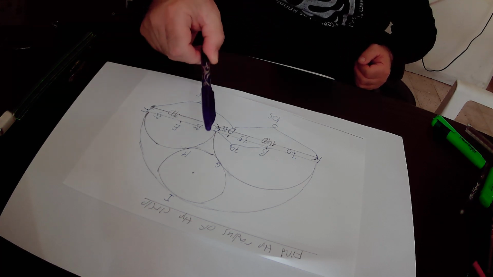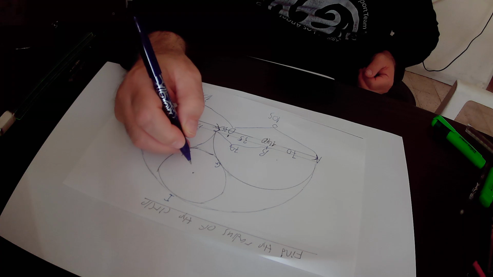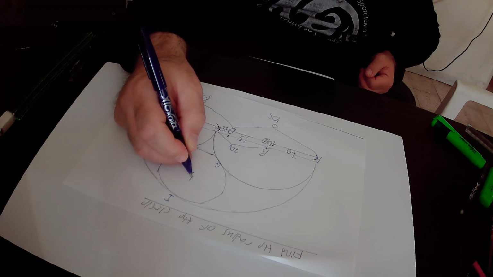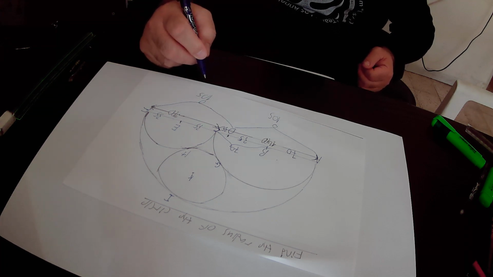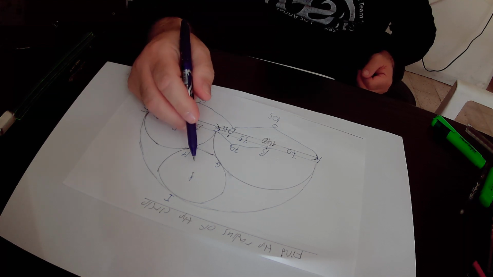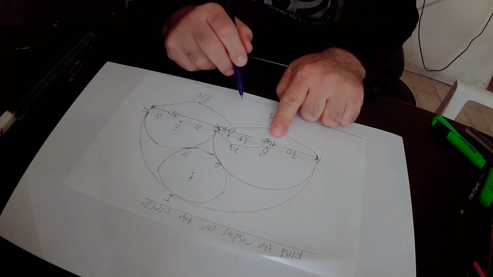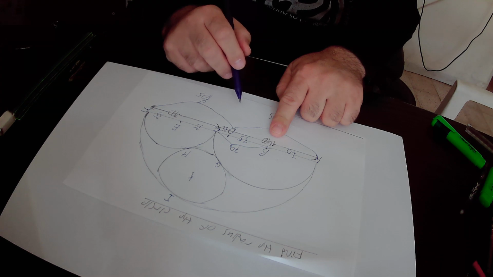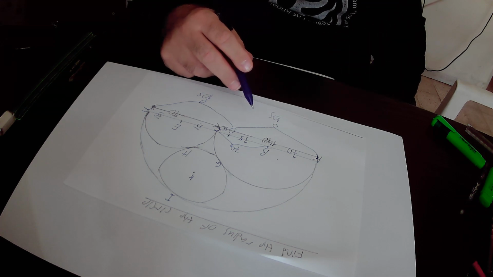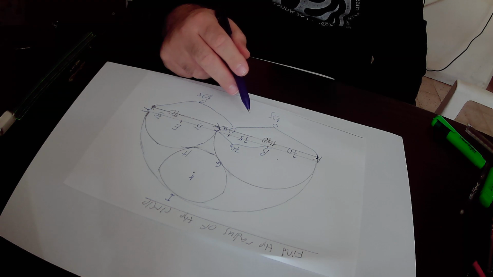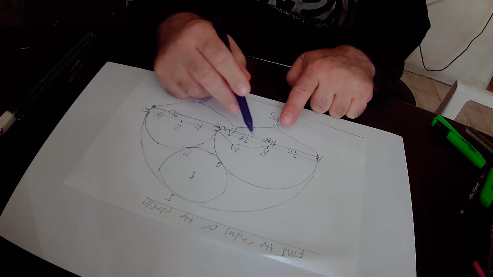Here we will define the center of this circle as K. We will join the center of this circle, that is to say point K, with the center of this semicircle, that is to say point B. Okay, and here we have the circle with an external touching point with this semicircle.